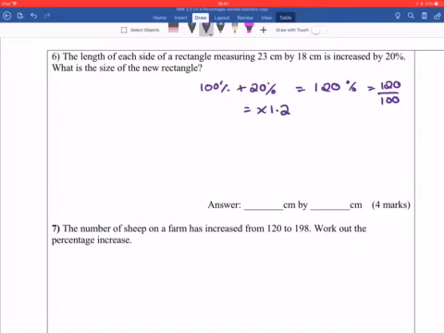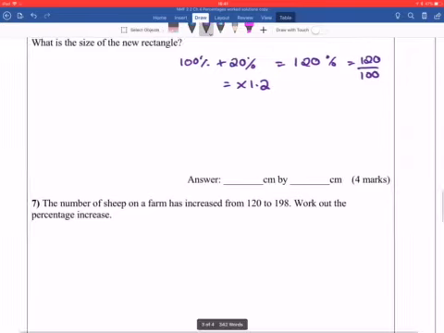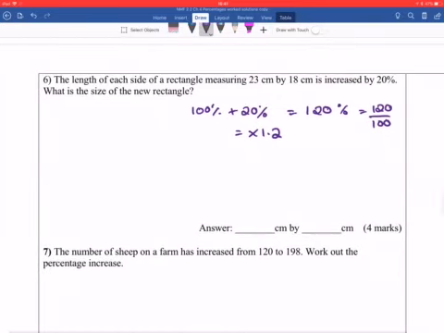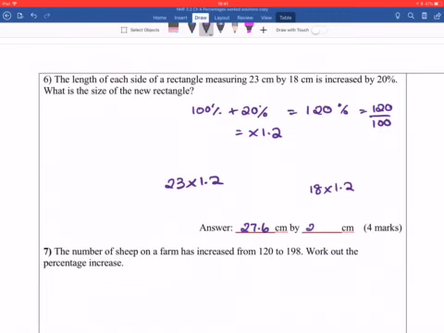So if I do 23 times 1.2, I get 27.6 centimetres. And if I do 18 times by 1.2, I get 21.6 centimetres.